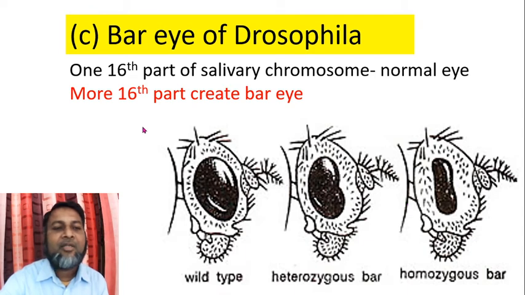When 16 part is 2 on both chromosomes, on two homologous chromosomes, it creates homozygous bar eye. Homozygous bar eye is different from heterozygous bar eye.